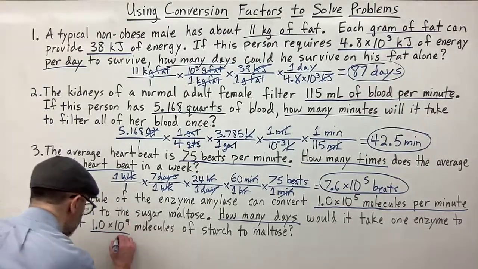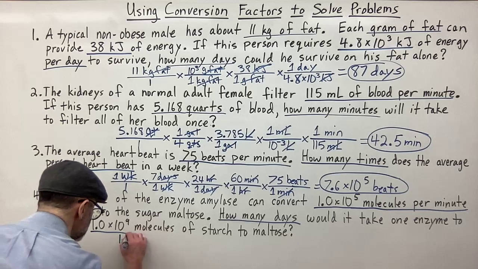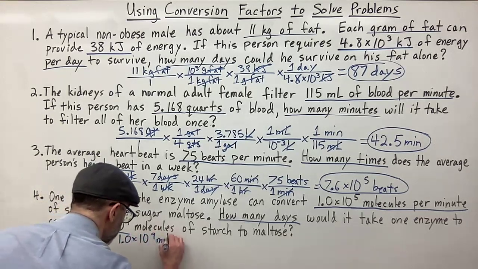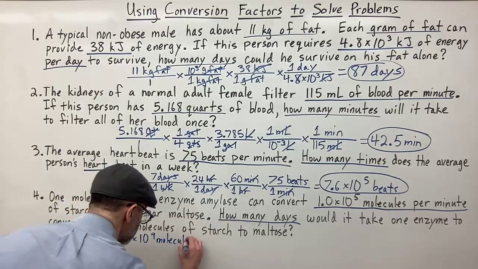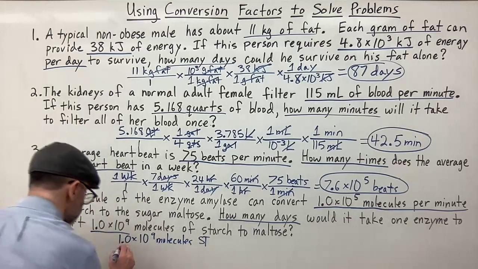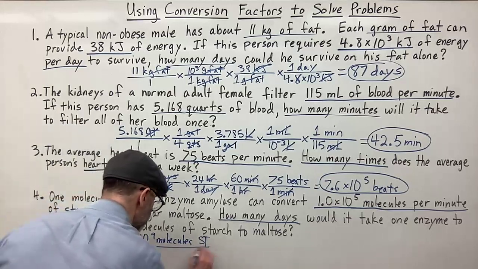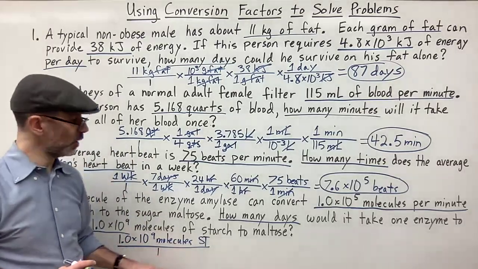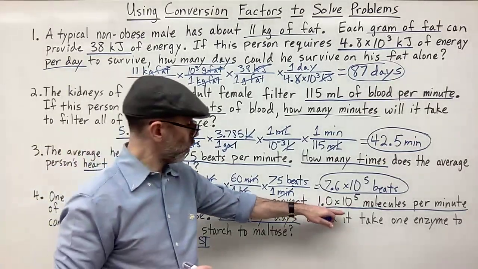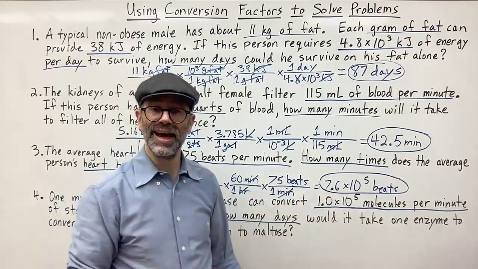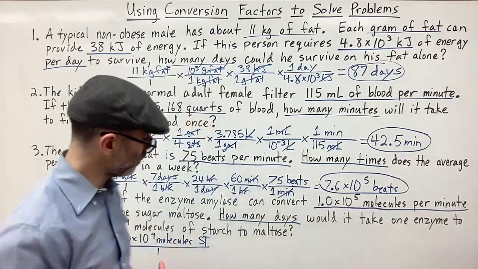So we're going to write down 1.0 times 10 to the 9 molecules. And I'm going to put ST for starch over 1. Now I need to convert molecules of starch to something. Here I know that 1.0 times 10 to the 5 molecules of starch is converted every minute by this enzyme.